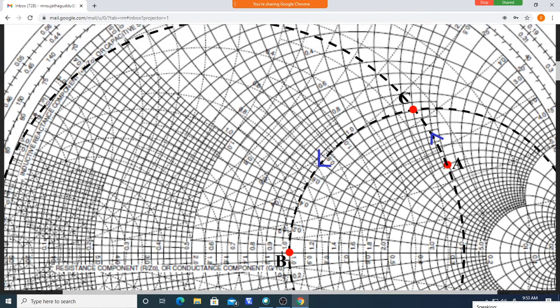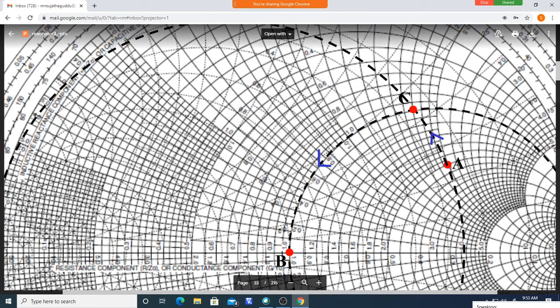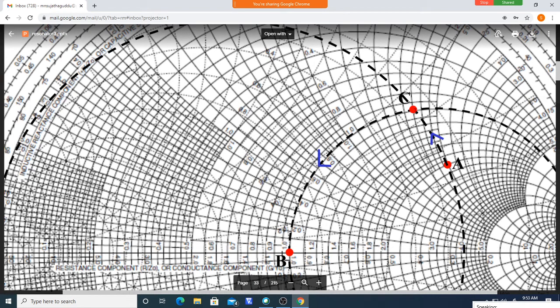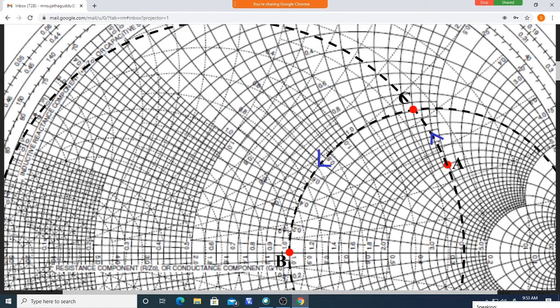In this problem, I moved in the anti-clockwise direction and reached the R is equal to one circle here. I stopped. So it adds some element. Which element? An inductor in shunt. Moving in this direction on the conductance circle adds a shunt inductor.